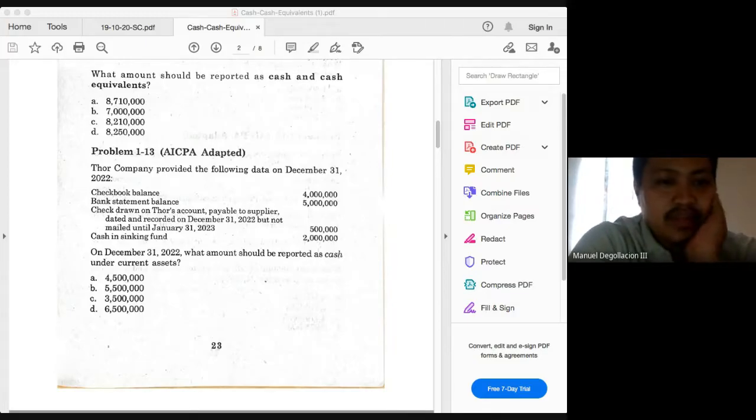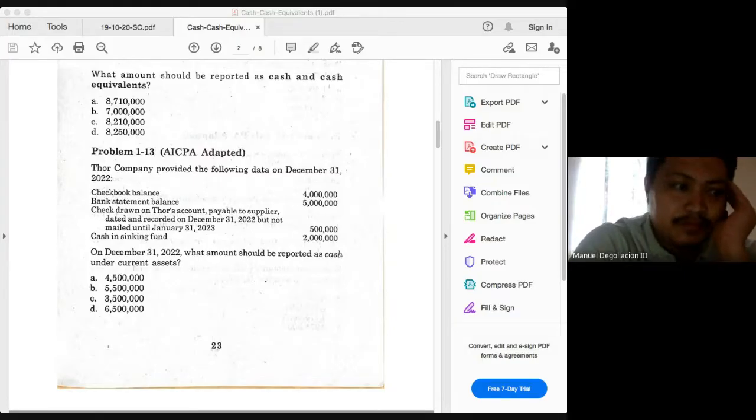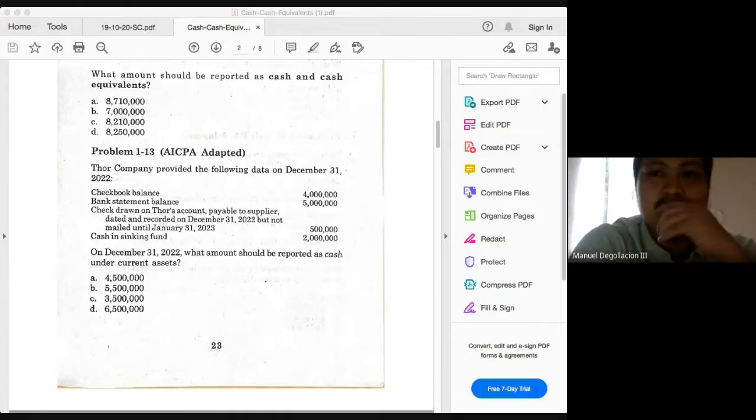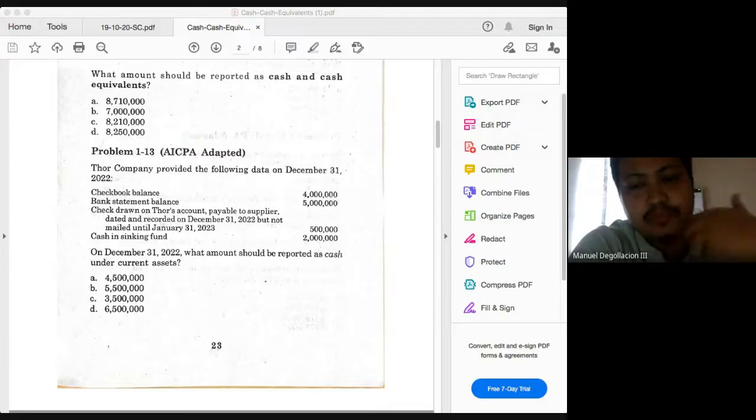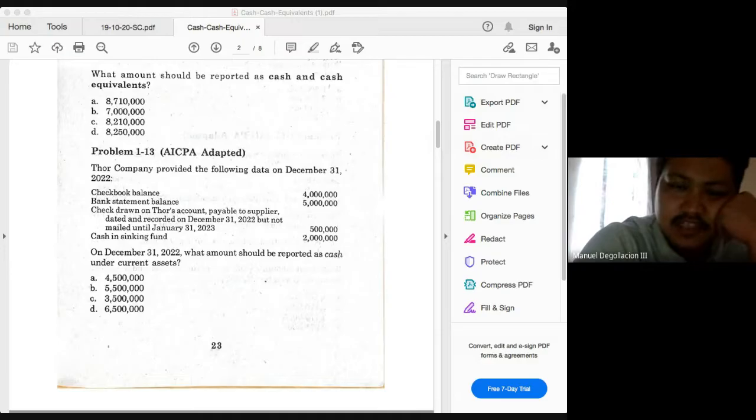But although that is the ideal scenario, it cannot be avoided that there are instances throughout the year that the balance per our records and the balance per the bank's records would be different, but the main culprit there would simply be the timing of the recognition of the transactions affecting the cash account, the cash in bank account.